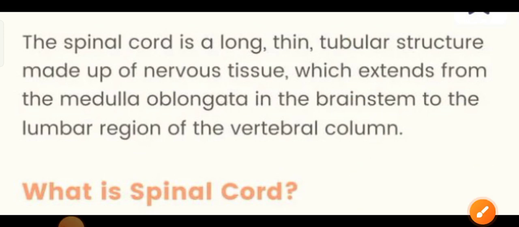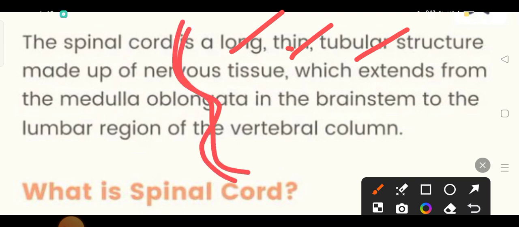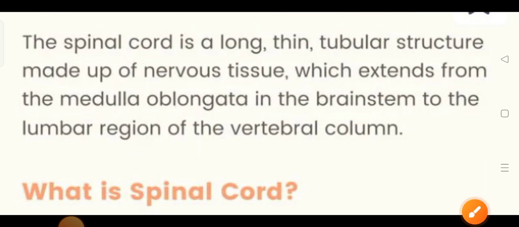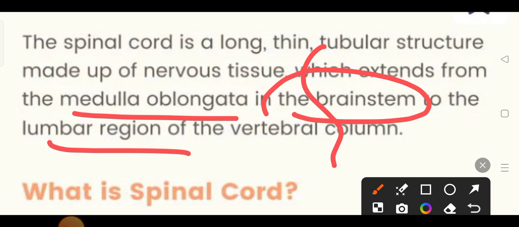The spinal cord is a long, very thin and tubular structure made up of nervous tissue, which extends from the medulla oblongata in the brainstem to the lumbar region of the vertebral column.